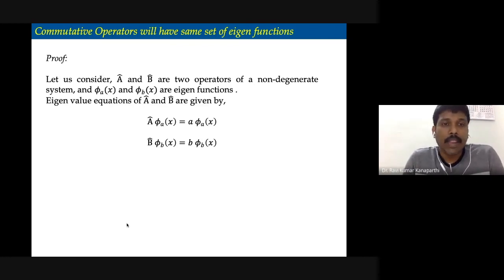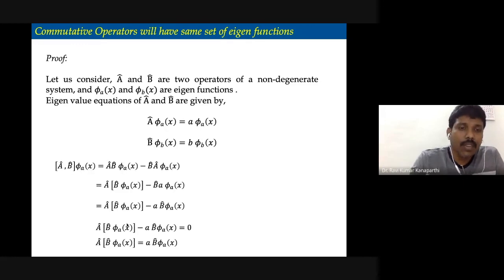The eigenvalue equations of A and B are given by: A operating upon phi A gives the eigenvalue A multiplied by phi A of x. Similarly, when operator B operates upon phi B of x, we get the corresponding eigenvalue B multiplied by phi B, our eigenfunction, back. These are the assumptions that we have to take.